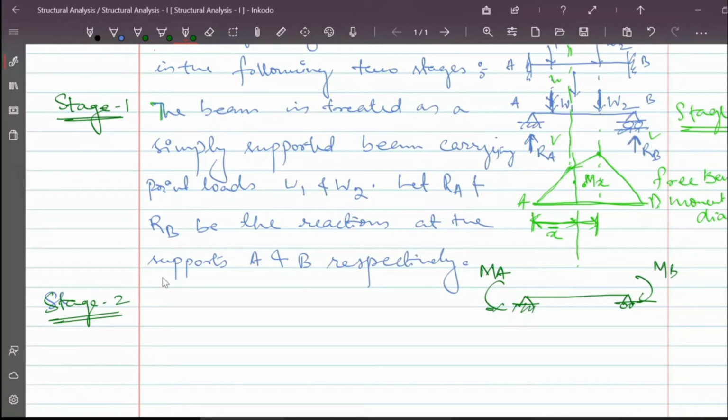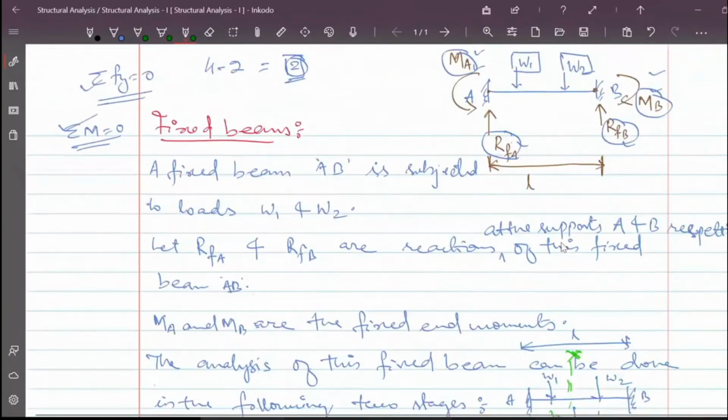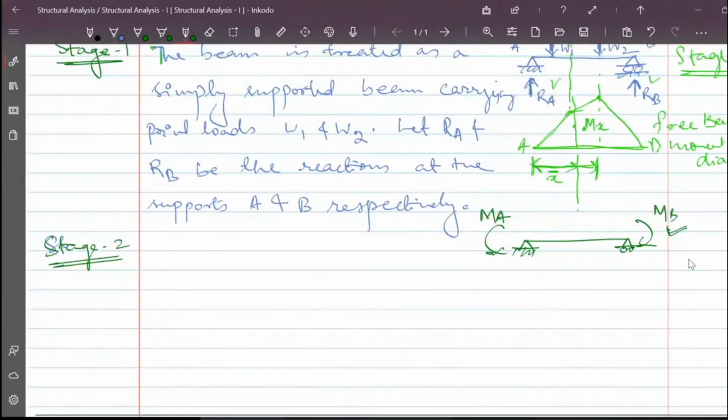So if I draw, here we will not be considering any externally applied loads, only the moments will be there. Okay, so whatever moments which we say will be developed here, MA and MB, those fixed end moments will be here.